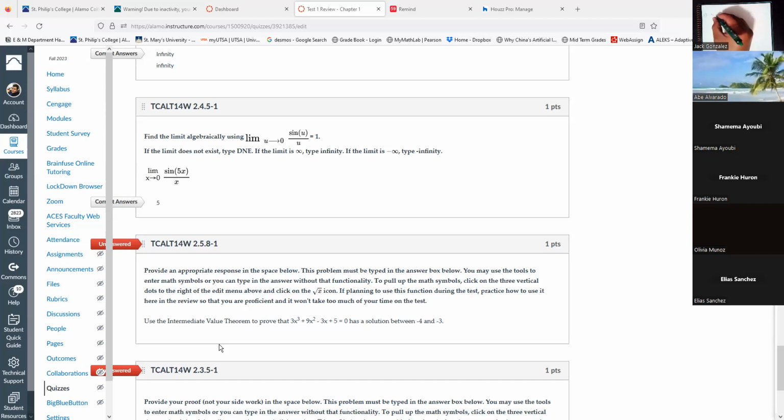So make sure you read carefully how they want you to find the limit. If I don't say it, then do whatever you want. Just make sure it's a good argument.